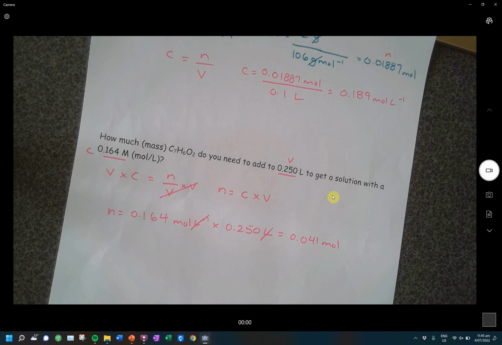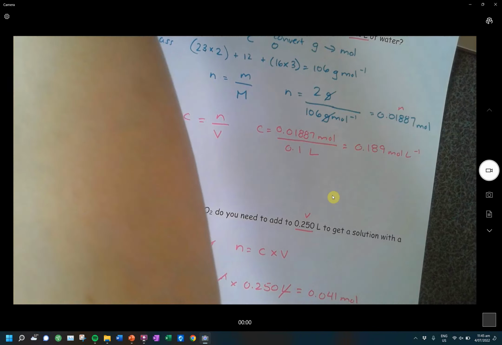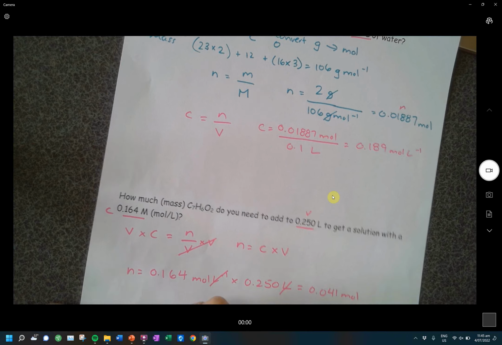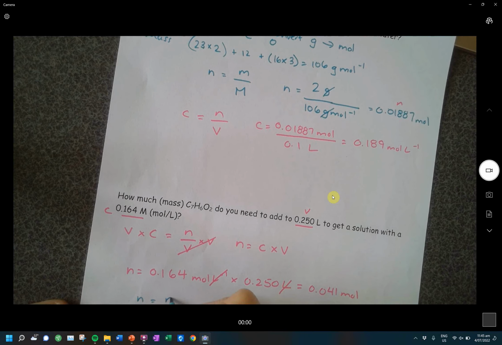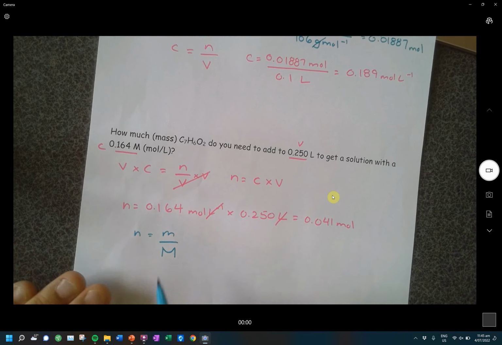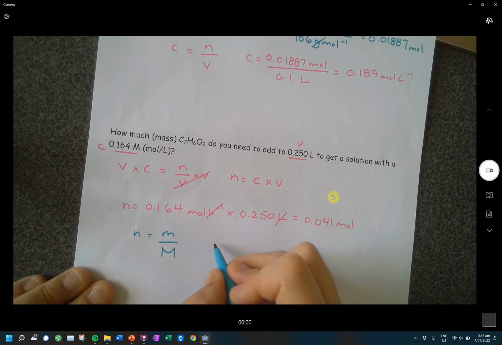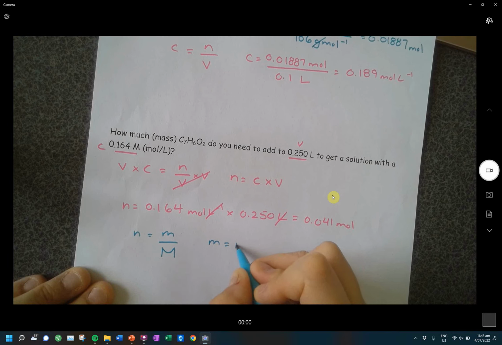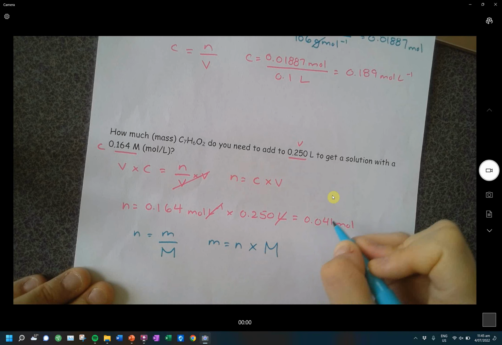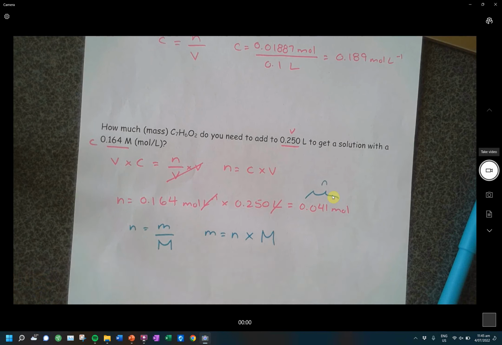Now before I'm able to do that, I need to convert this back. So we are going to need to use that n equals m divided by big M. So again, we rearrange the equation to solve for the little m. So little m will equal n times the big M. Now I know what the little n is. All right. Are you okay with that so far?